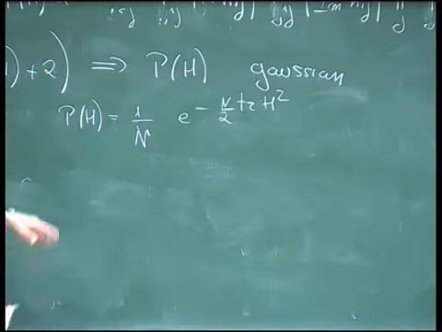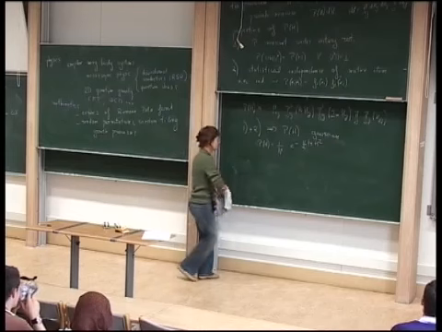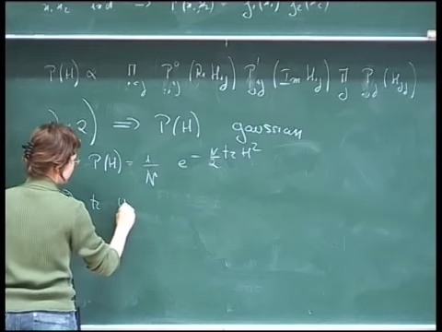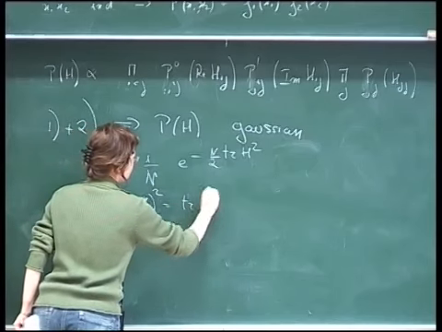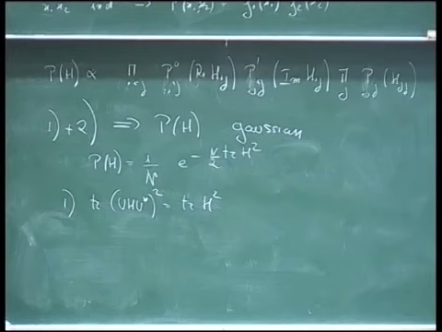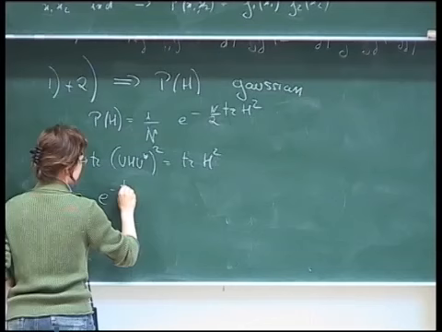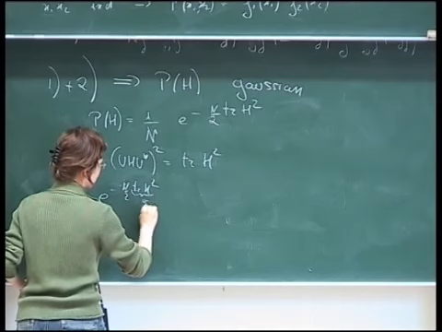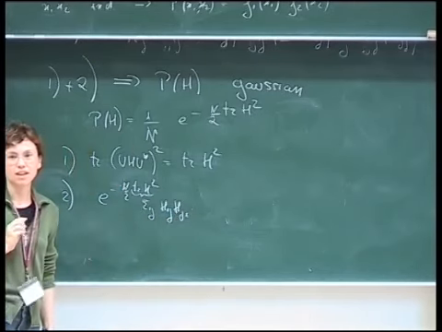Now, why are 1 and 2 valid? For 1, you see that H appears in a trace. So trace of U H U star squared is equal to trace of H squared. And why do I have statistical independence? Because e to the minus n over 2 trace of H squared is just the sum over i and j of H_ij H_ji.